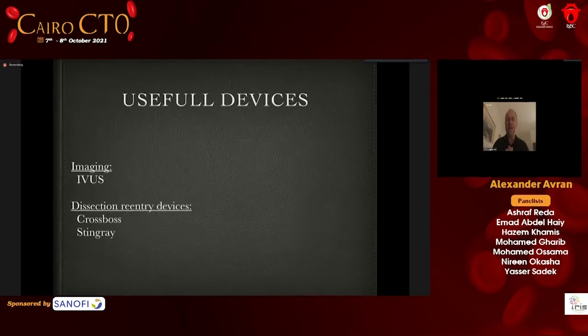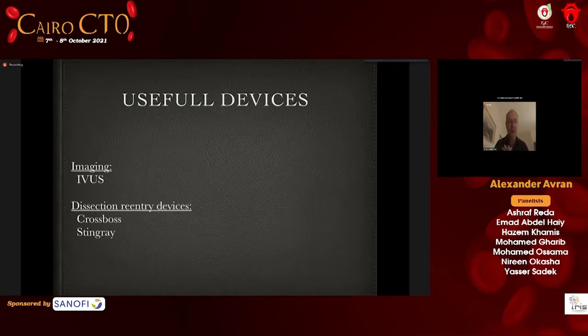And what are the useful devices? We have seen now the mandatory ones, but what are the useful devices? As some say, you can use imaging during your CTO procedure. IVUS is, as we have seen during the live case, very, very useful, but it's not mandatory to perform the CTO.